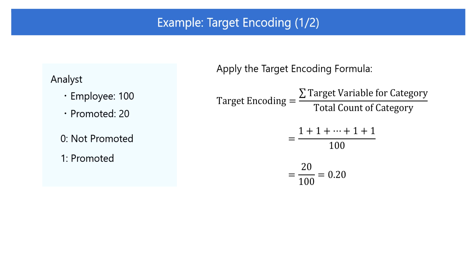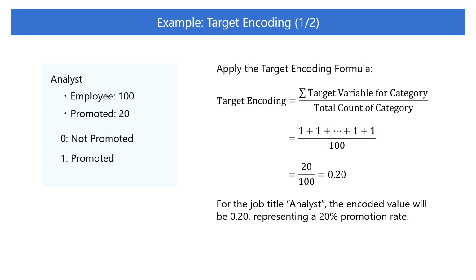To calculate the target encoding value for Analyst, we apply the formula of target encoding. Target encoding for Analyst results in 20/100. This means that for the job title Analyst, the encoded value will be 0.20, representing a 20% promotion rate.